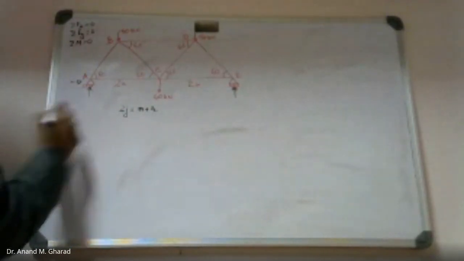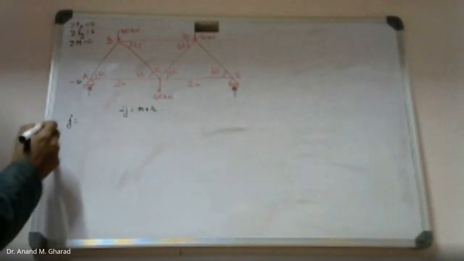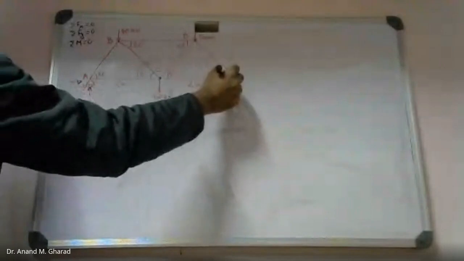We now need to check whether internally it is determinate or not. Meaning of it is whether this equation is satisfied or not. So can you please let me know how many joints do we observe over here? How many joints? J? Count them. 1, 2, 3, 4, and 5.